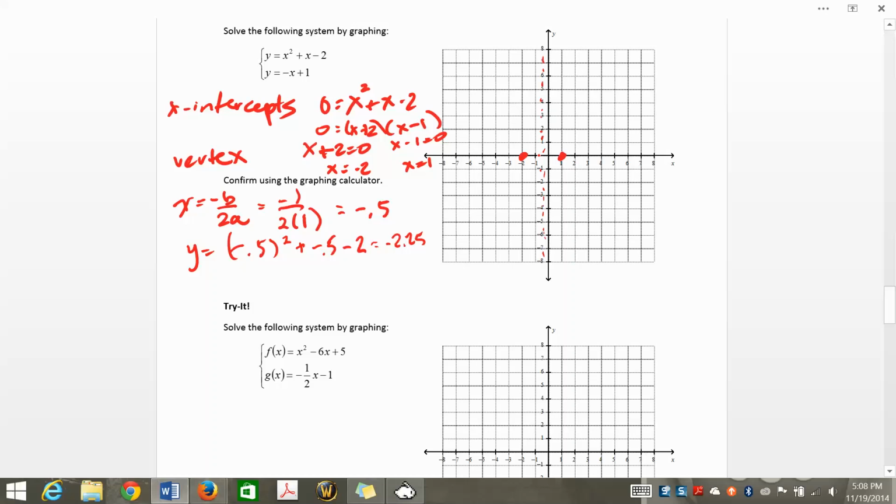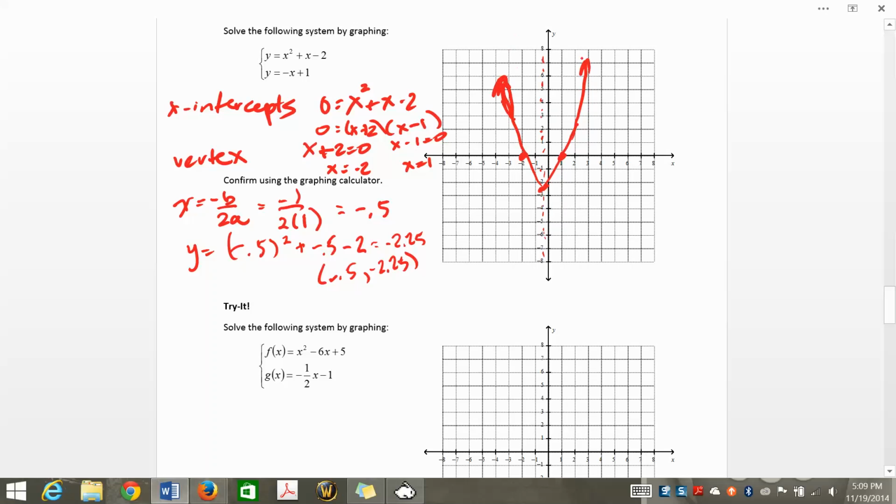So at x equals negative 0.5 and y equals negative 2.25, I end up with a point right about there for my parabola. So I end up with this point. And then I can kind of sketch this in here like this, and up here like this.